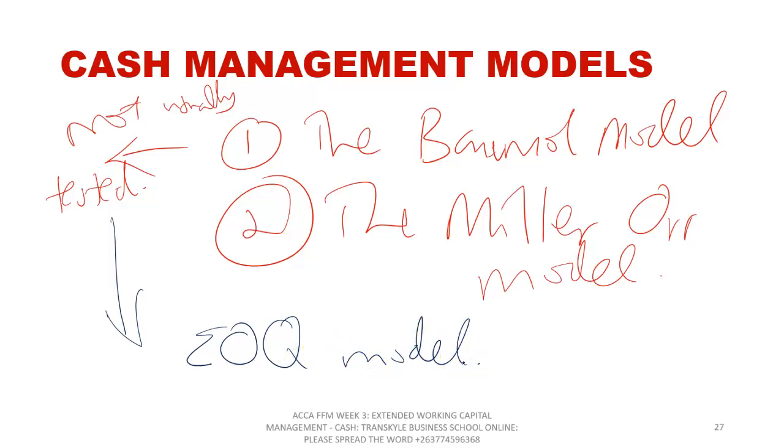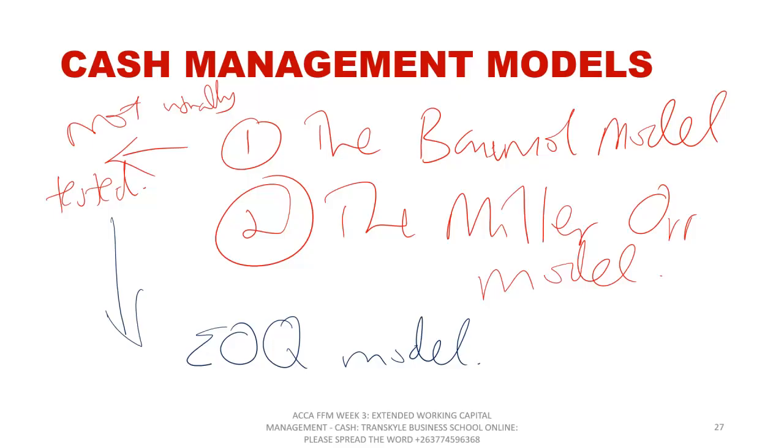The Baumol is just like the EOQ model, so if you know the EOQ, then you are home and dry. You just have to use the same concepts as we used in the EOQ, and the best part of it is that the formula is given in the examination.